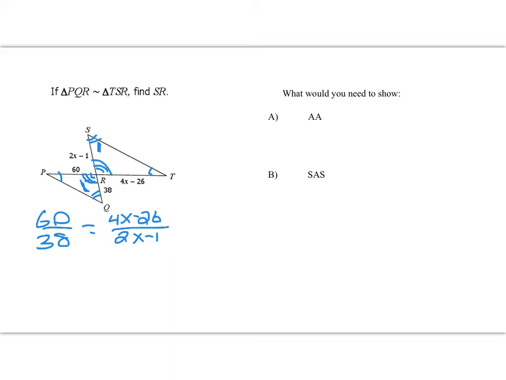Now, if I reduce 60 over 38, that will reduce down to, I'm sorry, 30 over 19, is equal to 4x minus 26 over 2x minus 1.